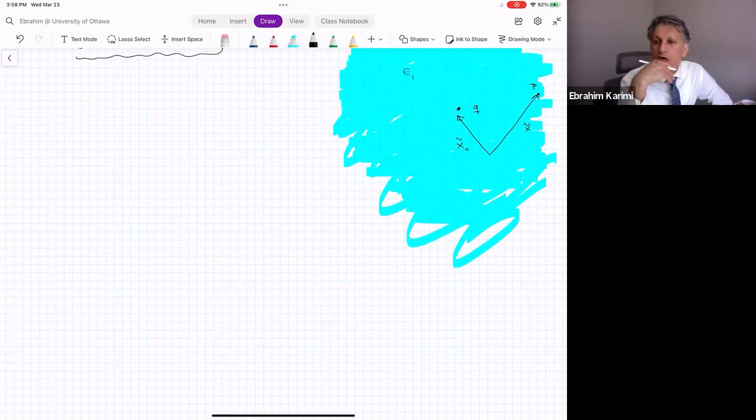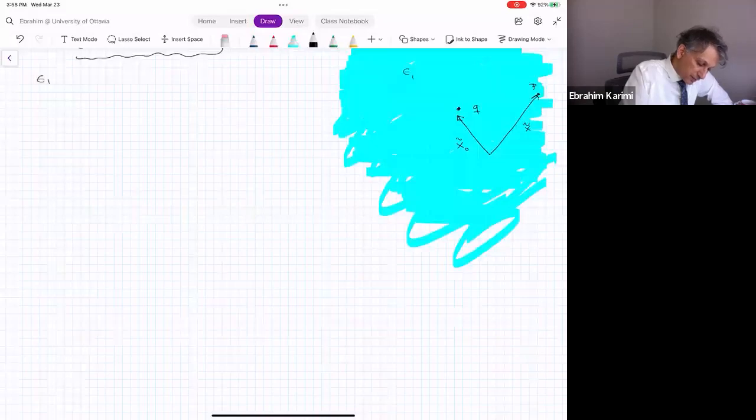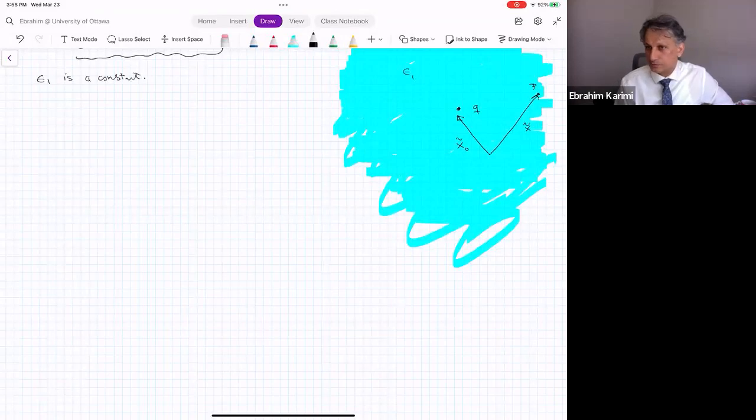So, assuming that epsilon 1 is a constant, it means that it has no functionality of the coordinate x or x prime.